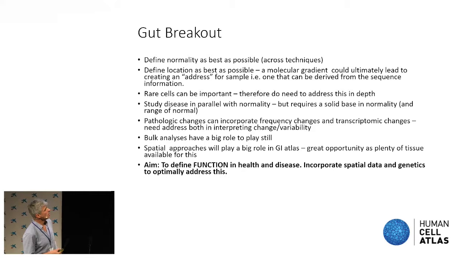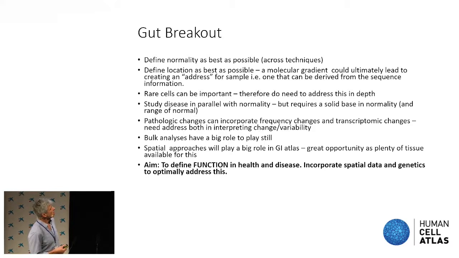You might be able to find a molecular gradient that gives you an address for either the whole biopsy or cells within the biopsy that could then, in subsequent iterations, allow you to cross-corroborate or even bypass the need to give a very precise biopsy site, because it would all be embedded in the sequence, basically. But that needs to be tested. That would be fantastic and interesting for its own sake.